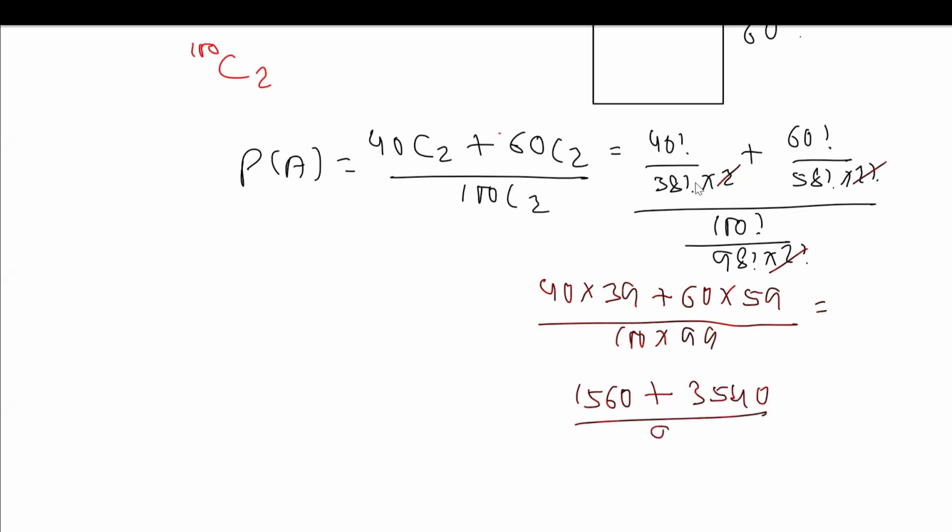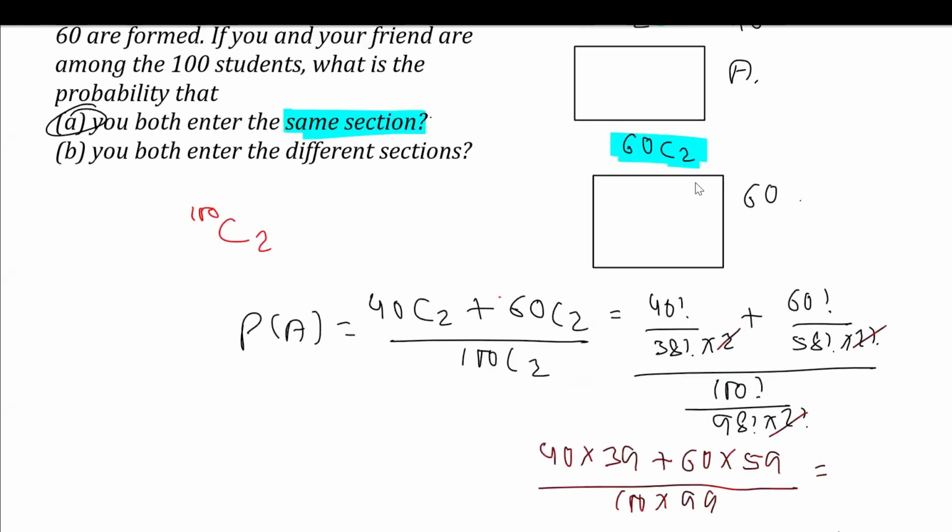And the denominator is 9900. Adding 1560 with 3540 gives 5100, divided by 9900. We can reduce it, it is divisible by 300, giving 17 over 33. The answer for this part is 17 over 33.